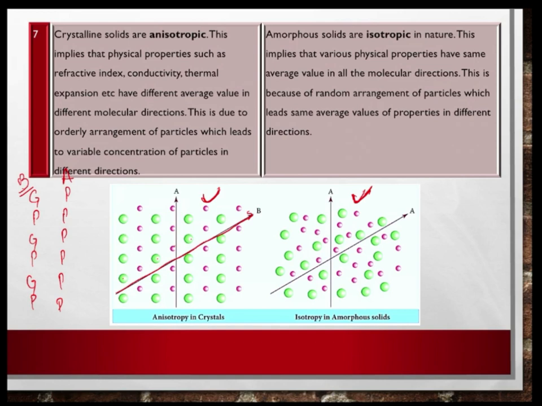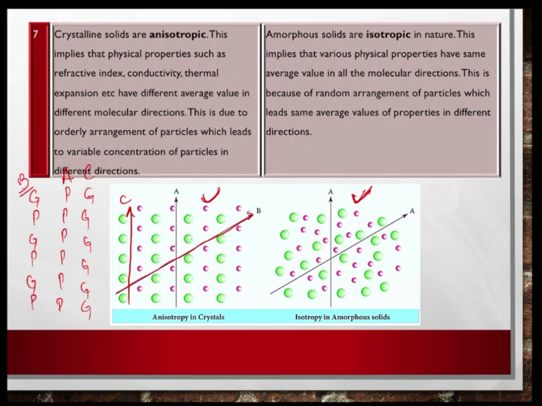Similarly, if I take another direction over here, let's say this, C direction, you will see all green, green, green, green balls. So in crystalline solids, due to their regular arrangement, what happens is when you move into different directions, the concentration of the particles is changing.